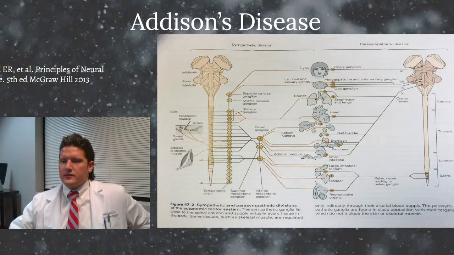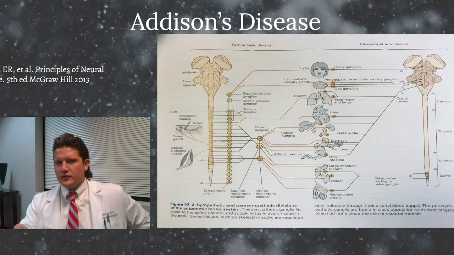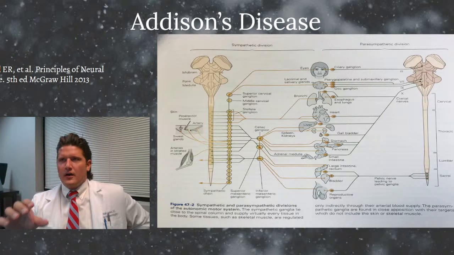The adrenal gland is a weird tissue, as I often say, because it's the only one that I know of where it has a neurological and an endocrinological embryologic origin. So the center of the adrenal gland is neurological tissue. The outer portion of the adrenal gland is endocrine tissue. So that's a kind of peculiar relationship.